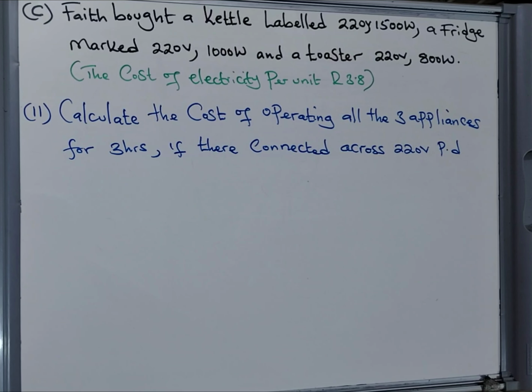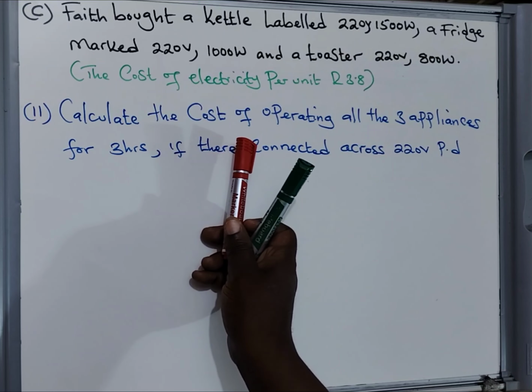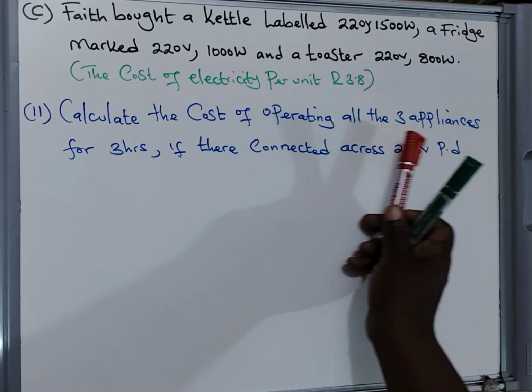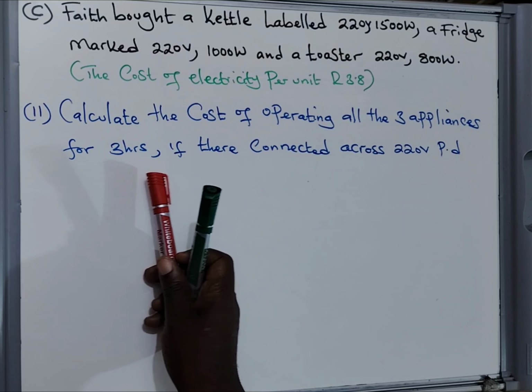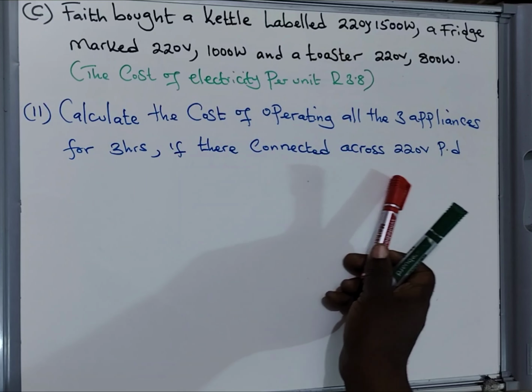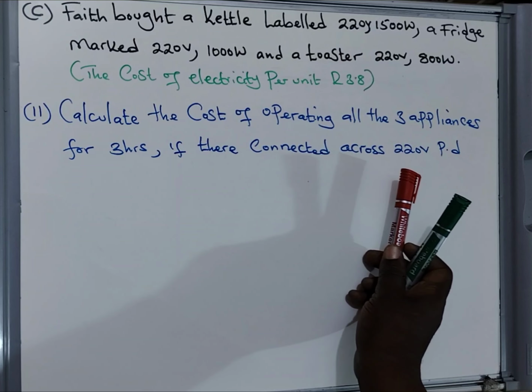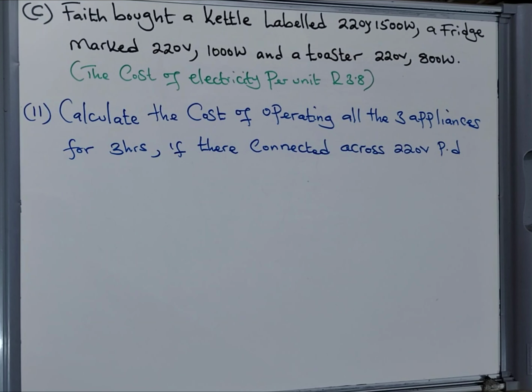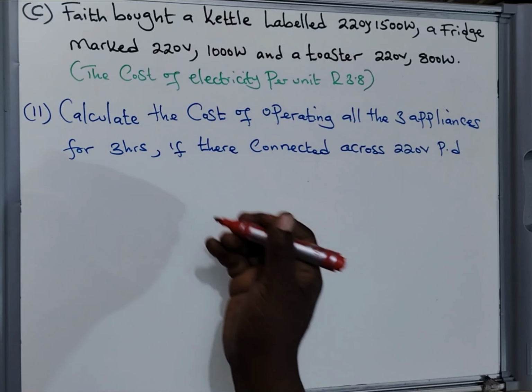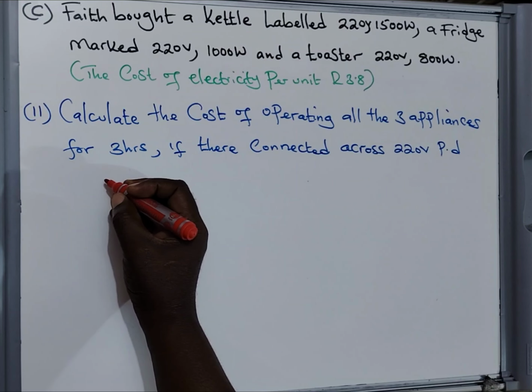Then comes this question. It says, calculate the cost of operating all 3 appliances for 3 hours if they are connected across 220 potential difference. How do you go about this?